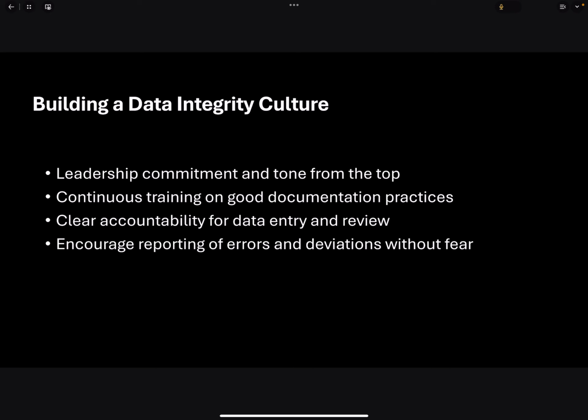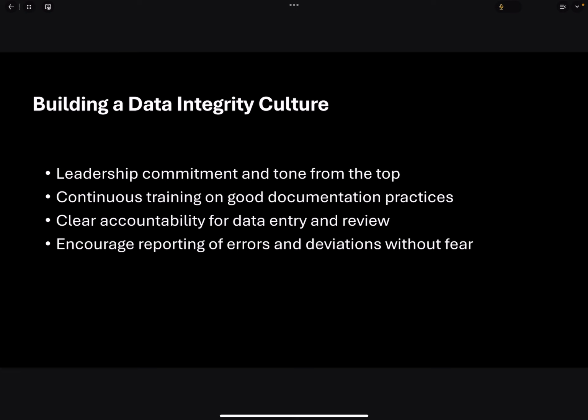Now, how do we build a culture of data integrity? It starts with leadership, setting a tone that accuracy and honesty matter more than speed. Then it comes to training. Everyone must know why these rules exist, not just what they are.